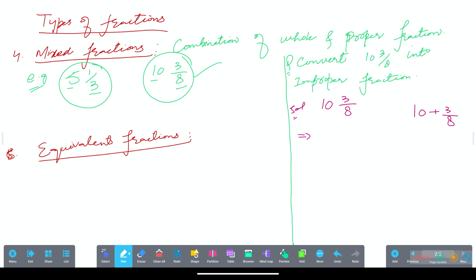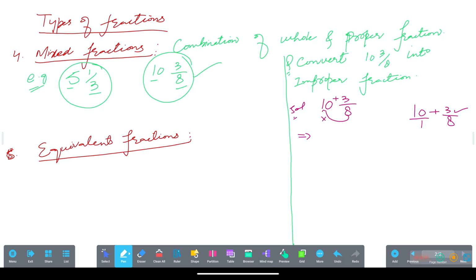Whole part 10 plus the fractional part, the proper fraction part, 3 by 8. Usually you may not have the idea how to add a fraction with a whole number; that will be shown in the same chapter later on. But here you have to keep in mind, you need to multiply the denominator with the whole part, and whatever is the result, add that with 3 and keep the same denominator.